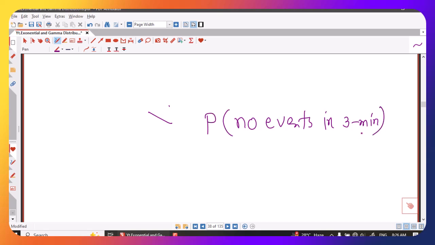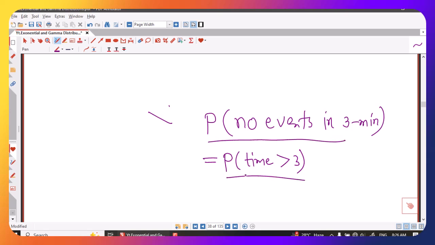Probability of no events in a 3-minute interval means the time for that event is greater than 3, and for this we have used exponential distribution. And if we are interested in the use of Poisson distribution, then if we consider capital X equal to the number of events in a 3-minute interval, then this is equal to the probability that capital X equal to 0, and here we will use Poisson distribution, there we will use exponential distribution.